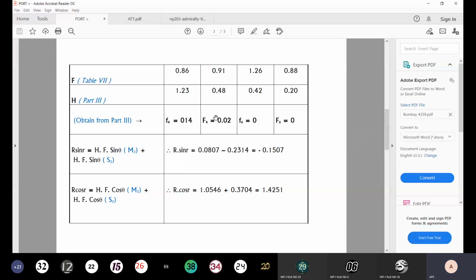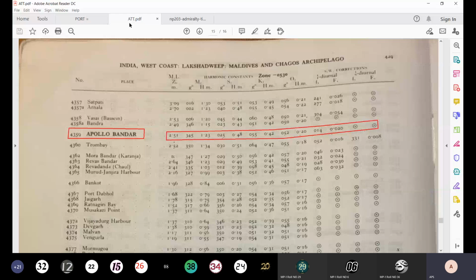Now the value of small f4, capital F4, small f6, capital F6 you will get from part 3 only. Can you see here small f4, capital F4, small f6, capital F6. So f4 is 0.14, the other one is 0.020, and f6 and capital F6 are 0, no data, so 0. Circle with a dot, take it as 0.